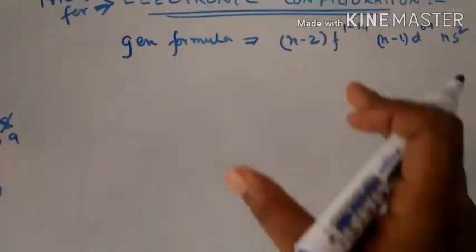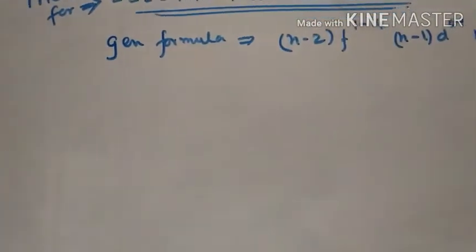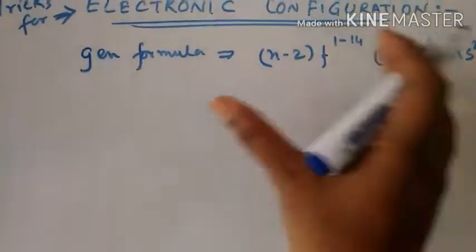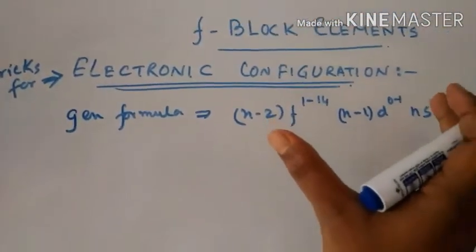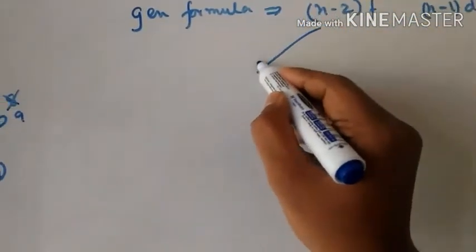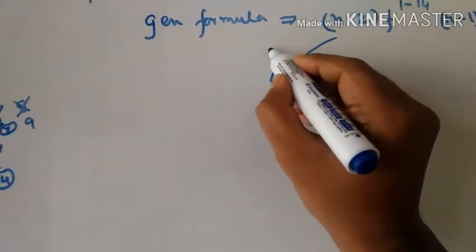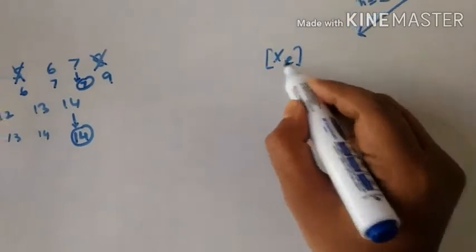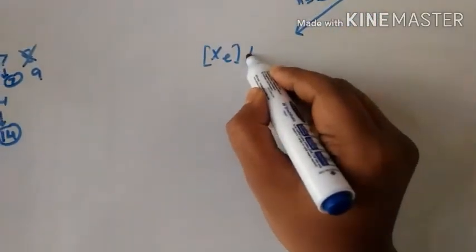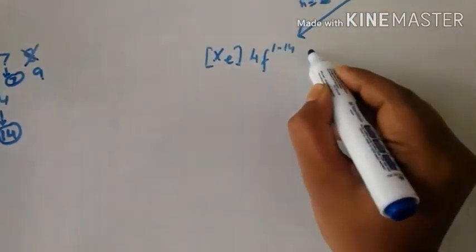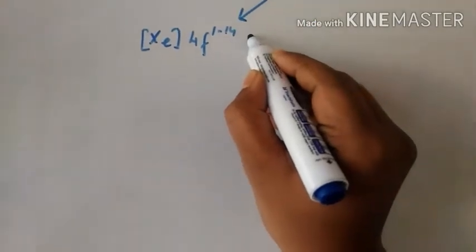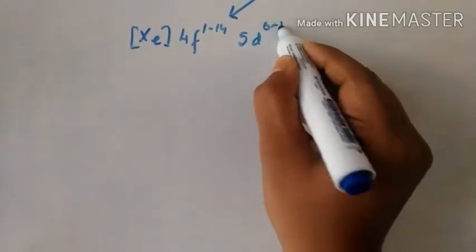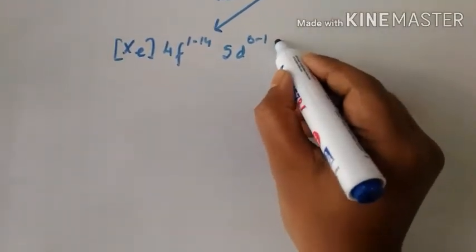Now we have already done the lanthanide portion. This is our general formula of the outermost electronic configuration for the f block elements. If we put n equals 6 and start from the xenon configuration, then we get 4f 1 to 14, 5d 0 to 1 and 6s2.